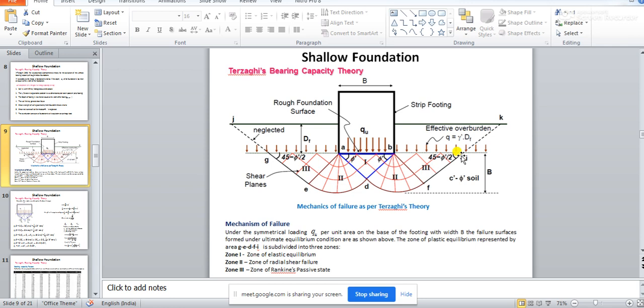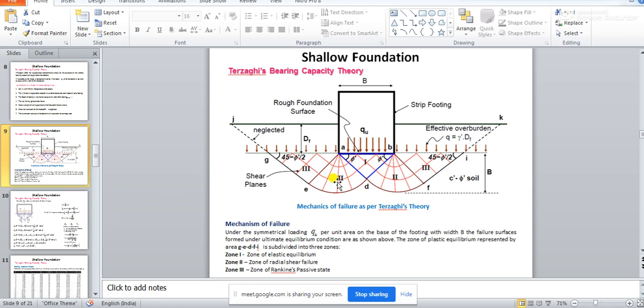Okay. Now you see, below this foundation, what Terzaghi has assumed is that the soil is necessarily failing by general shear failure. So when the soil is failing by general shear failure, if you remember the general shear failure criteria, the soil will be failing in three zones, three clearly demarcated zones.